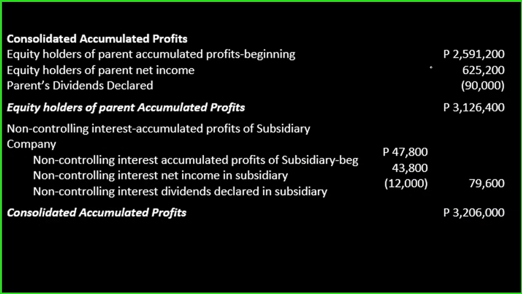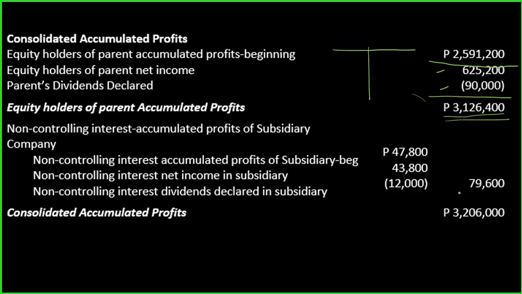You have the parents, the consolidated retained earnings, beginning balance, plus the consolidated net income as far as the parent is concerned, less the declared dividends by the parent. You get the consolidated retained earnings at the end of the year. You can also use your T accounts. I-check nyo nga, dapat pareho po yung lalabas. Siya po ito. Okay? And then, as far as the subsidiary is concerned, ito naman yung kanyang retained earnings.